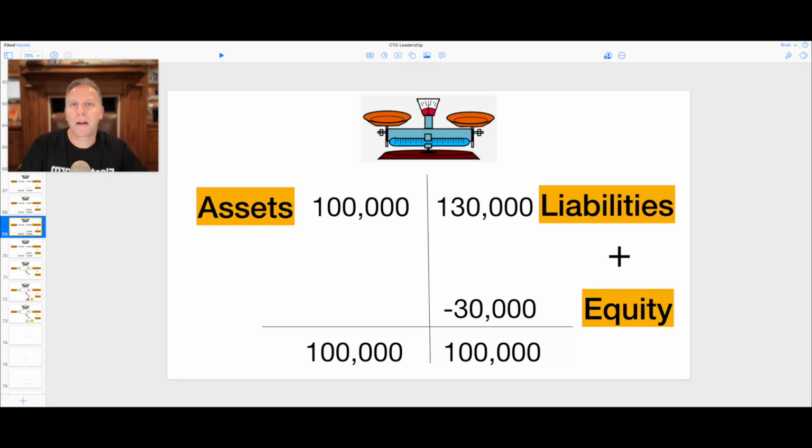Then you drove it off the lot, and the very next day you wanted to sell it. It was a new car when you bought it, but now it's a used car, and you could only get $100,000 for it, even though you just bought it yesterday. It went down in value, so now you are $30,000 underwater. Same thing with the business.